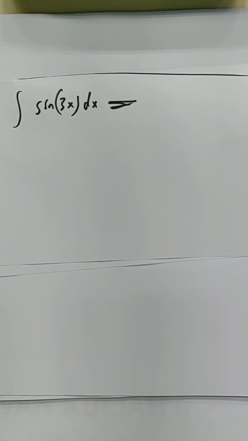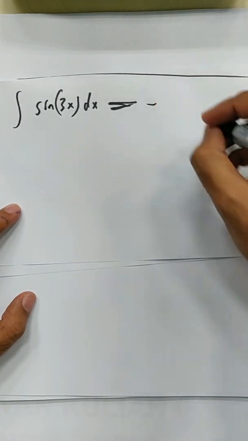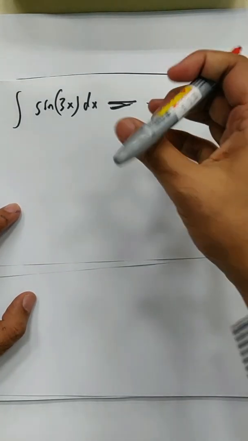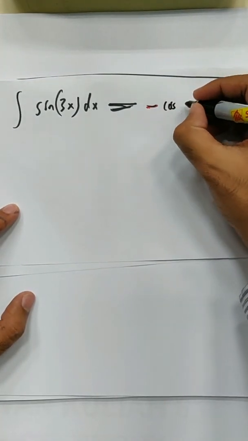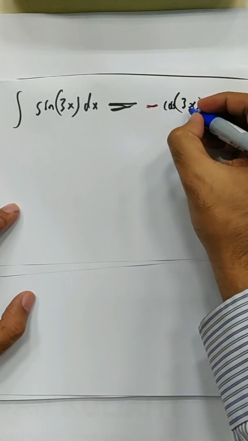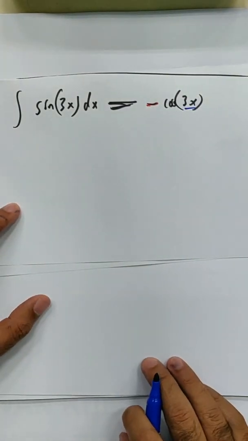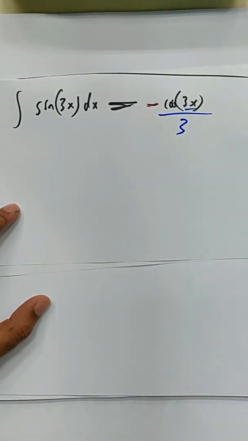Differentiate cos gives you negative sine, so don't forget your negative. Be careful on that one. Negative cos 3x. And then you need to differentiate inside here, but where should you put it? Down. When you integrate, you always put them down. Don't miss them.